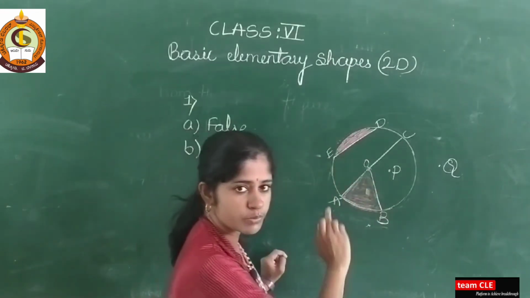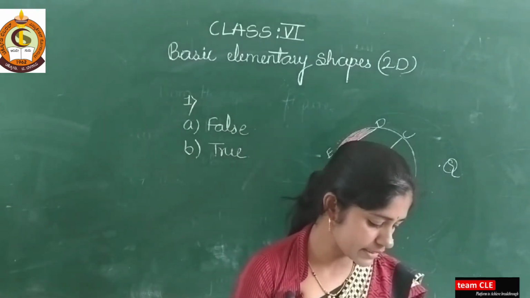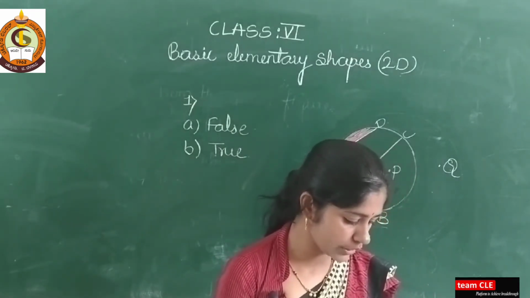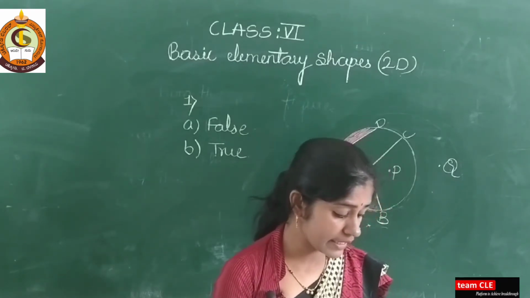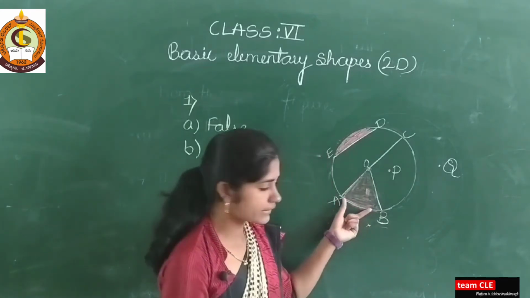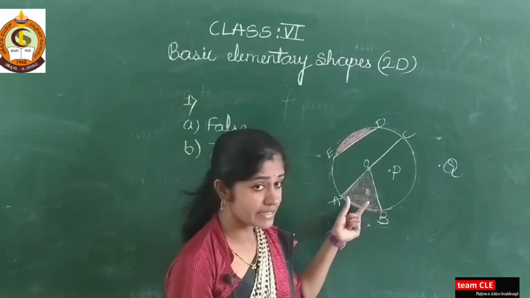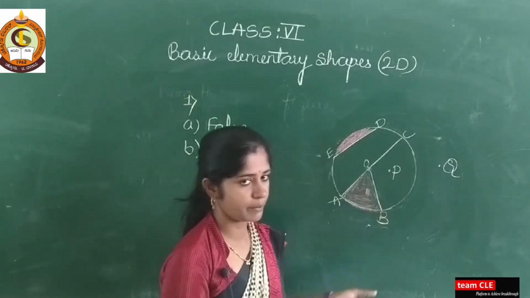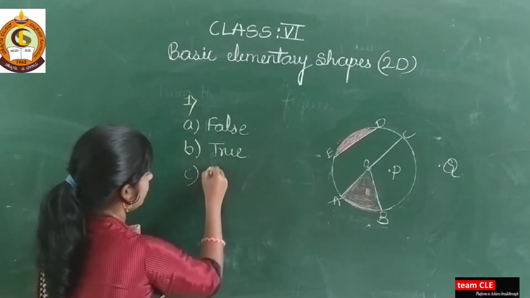Next, a segment is the area contained between 2 radii and the arc. No, the area enclosed by 2 radii and an arc is the sector, but they gave segment. So that is false.